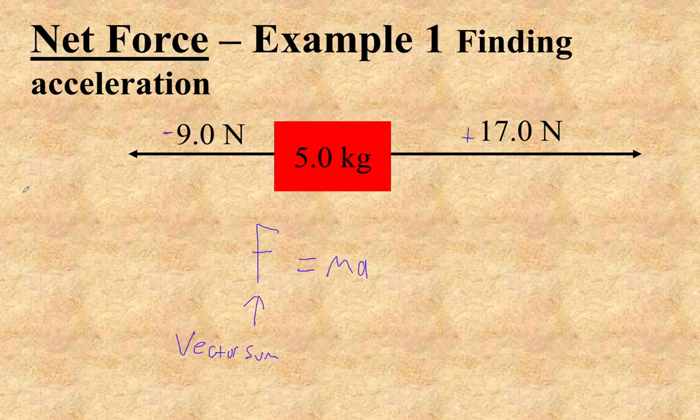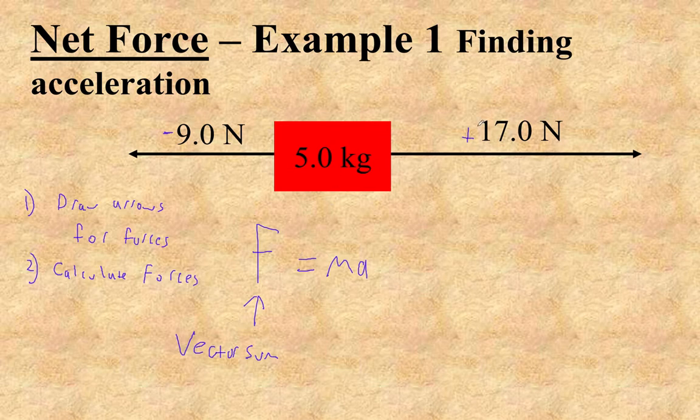So step by step, what you do is, step 1, you draw the picture of the object, and then draw arrows for the forces. Step 2, in this case we don't have to do this. Step 2, calculate the magnitudes of the forces, the ones that you can.